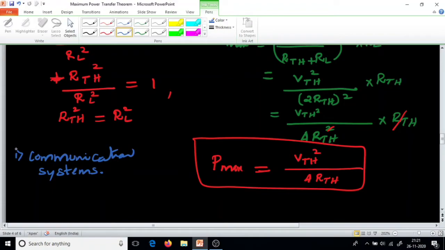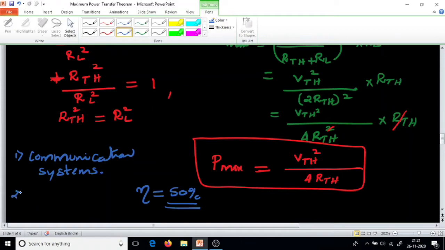And one more point you note: the maximum efficiency at Pmax, when using the maximum power transfer theorem, is 50%. So this also you should remember.